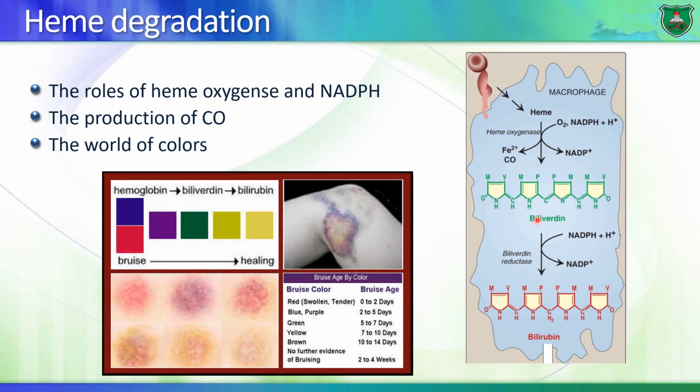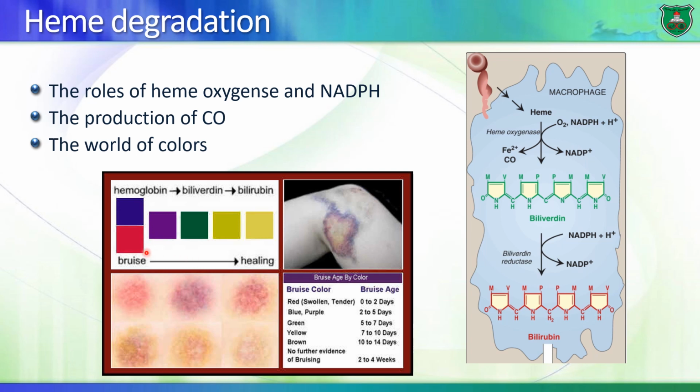Now, bilirubin then goes through different reactions, and what's important is that the intermediates have different colors. That's why whenever there is a bruise in the skin, you can see that it goes through different colors.